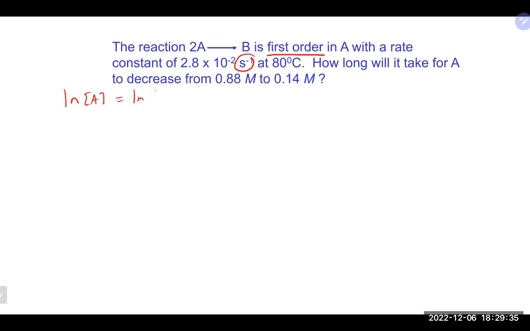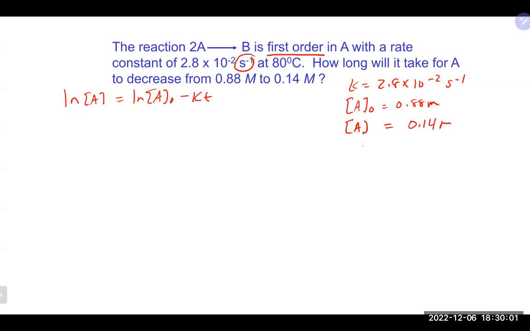Basically, that tells you to use the first order integrated rate law here, which is the natural log of A equals the natural log of A naught minus kt. We have k given to us, which is 2.8 times 10 to the minus 2 reciprocal seconds. We have our initial concentration, which is 0.88 molar, and our final concentration, which is 0.14 molar.